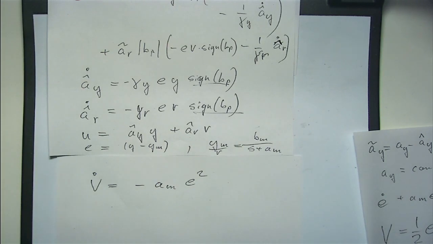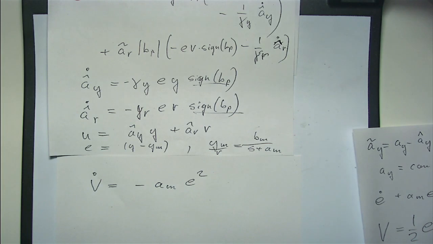So this means in principle that V remains bounded to some extent, isn't it? But it doesn't mean that we know much at the moment about what's happening here. We don't know what happens to the error of the system.